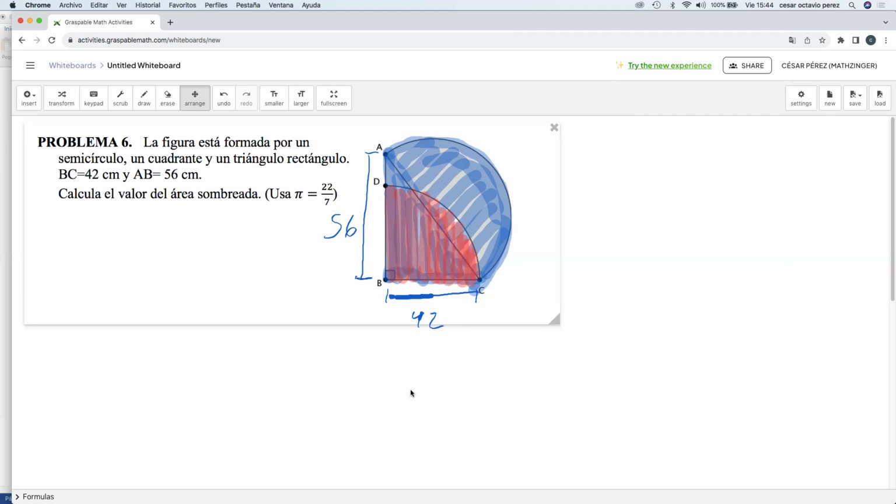So we need to add the triangle plus the semicircle, and we are going to subtract the quarter of a circle. Do you agree with this? Same. Okay.